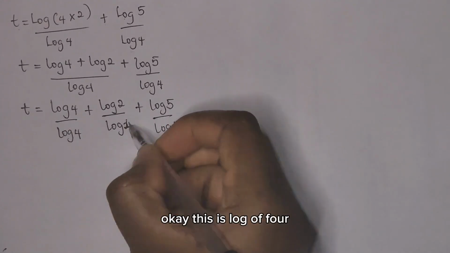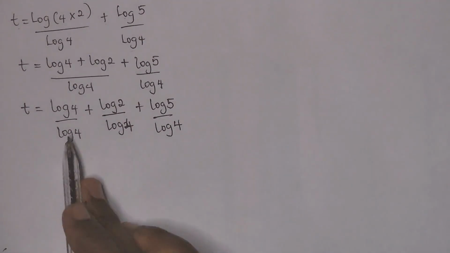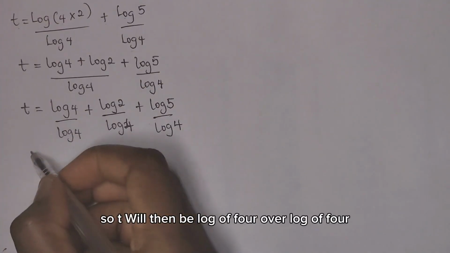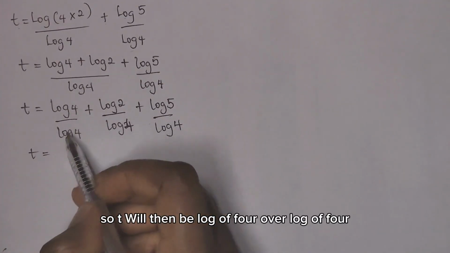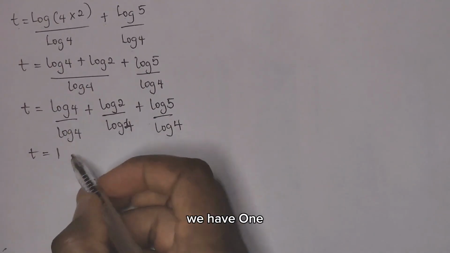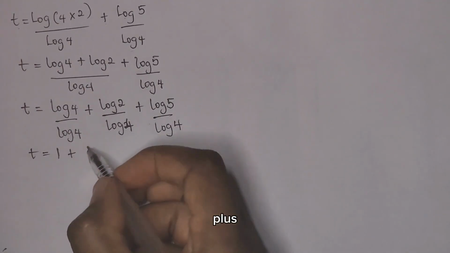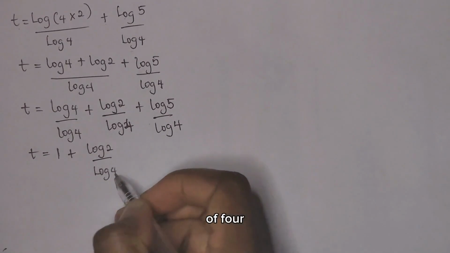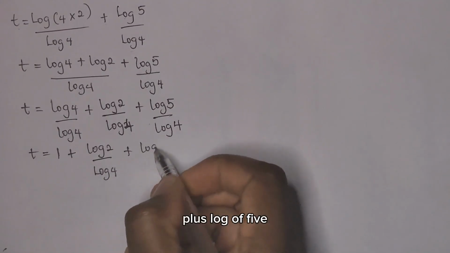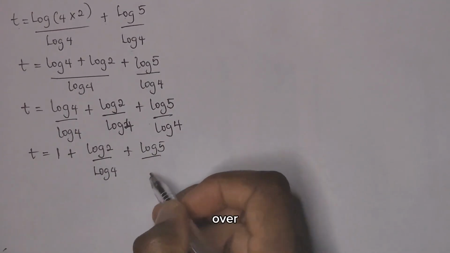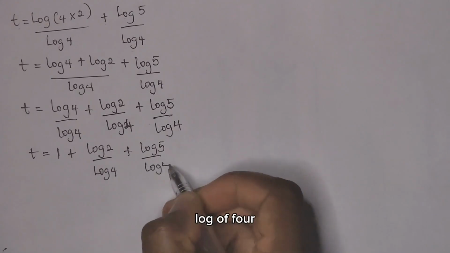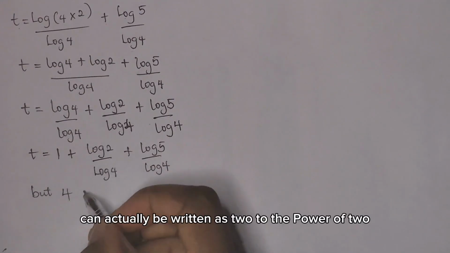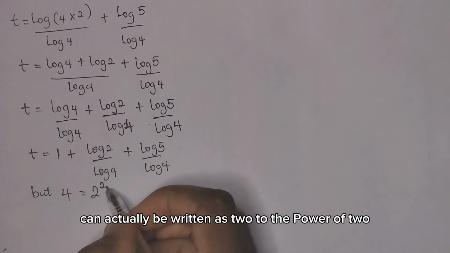So t will then be log of 4 over log of 4, which is 1, plus log of 2 over log of 4 plus log of 5 over log of 4. But 4 can actually be written as 2 to the power of 2.